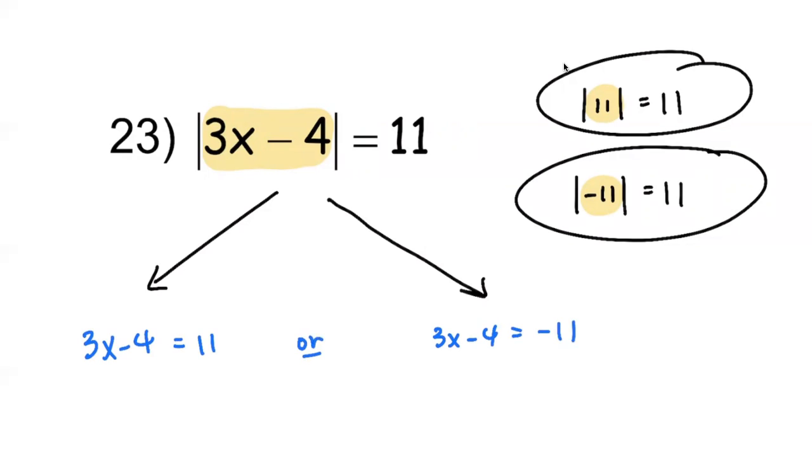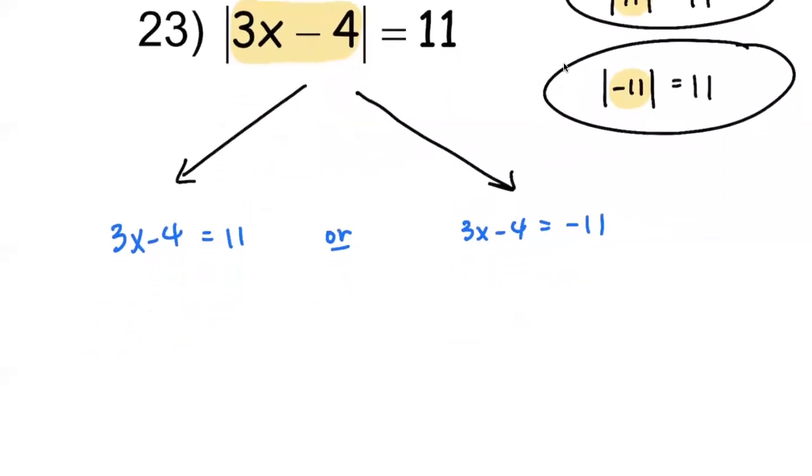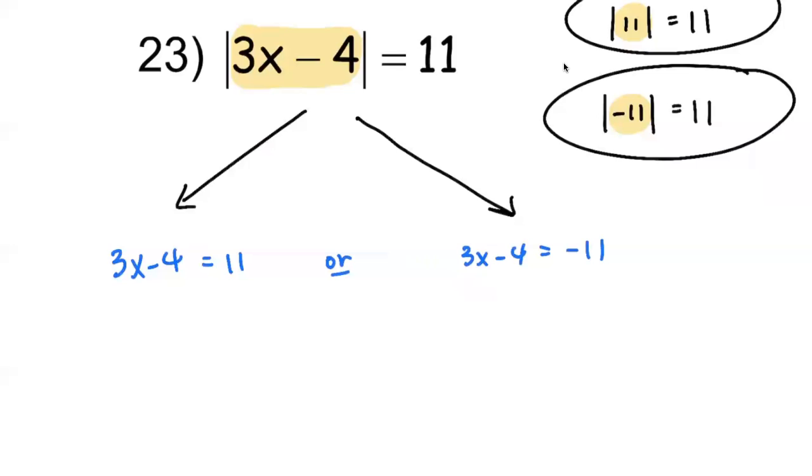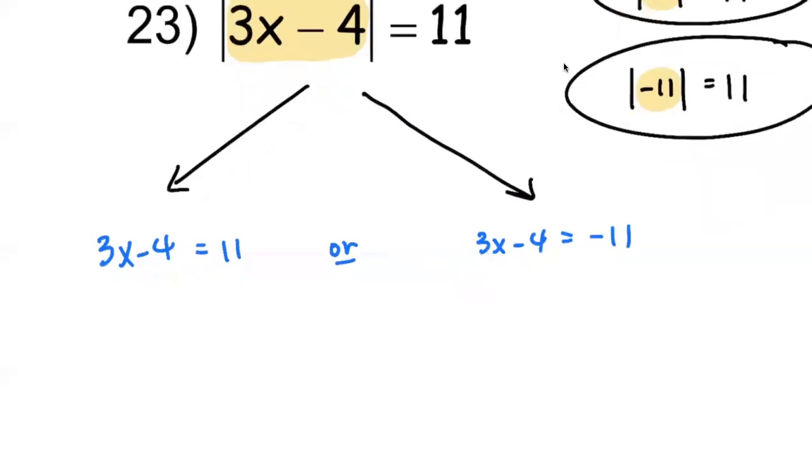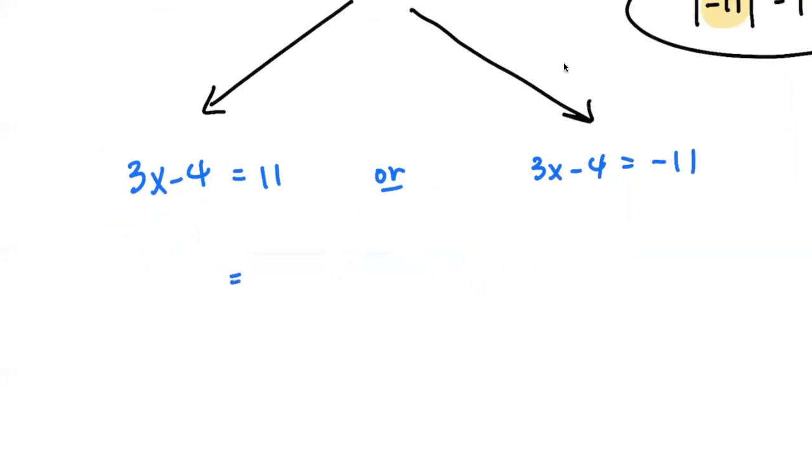Again, we don't know which one is the case, so we're going to consider both possibilities. So if you're solving absolute value equations and you don't have two possibilities, I would say something is really wrong. So now we just go ahead and solve it as if it's just a regular equation.